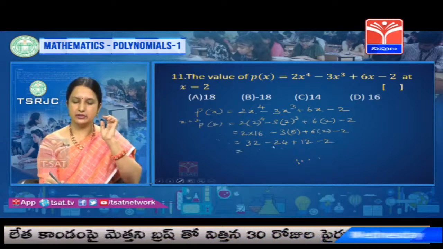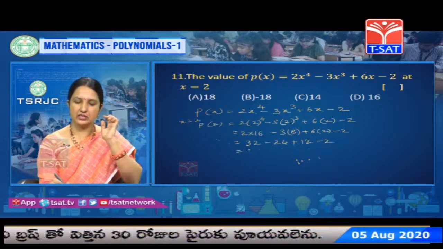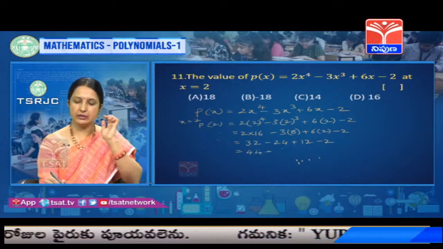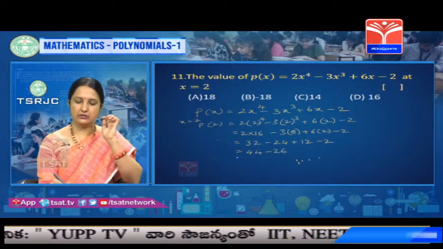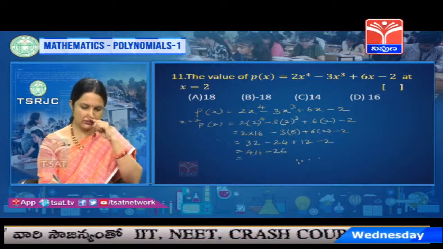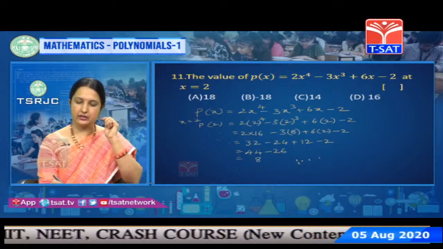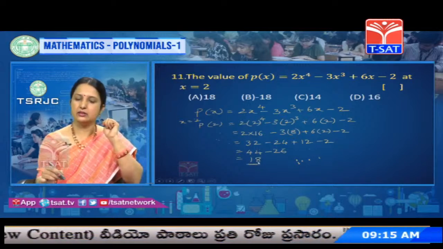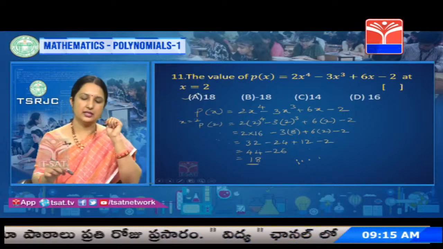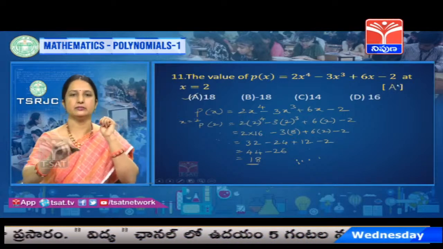You add all positive terms. First 32 plus 12 how much? 44. Minus 24 minus 2 how much? Minus 26. 44 minus 26 is how much? 18. So, 18 is the correct answer, which is given as option A. So, option A is the correct one.